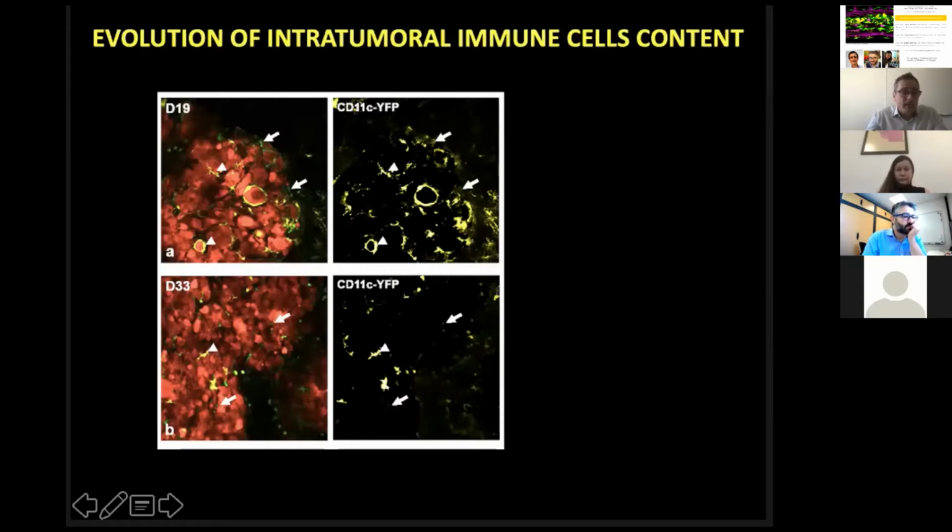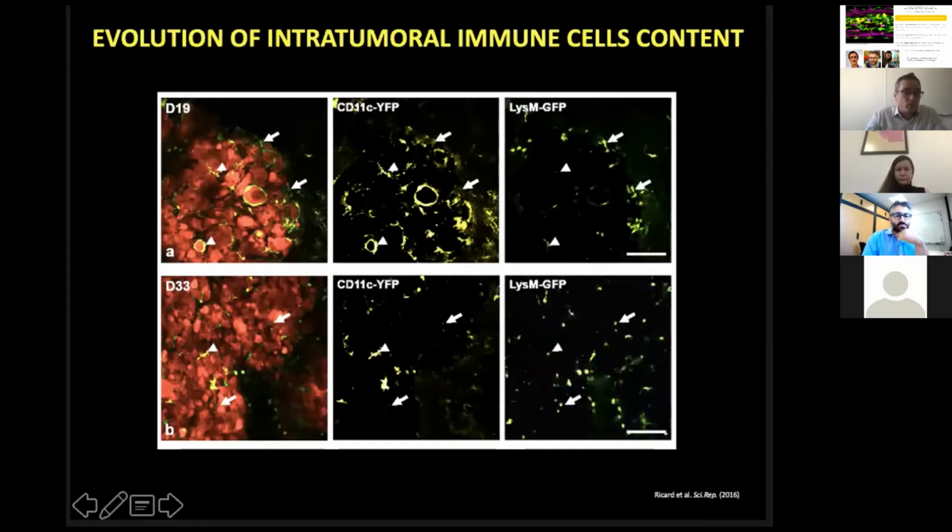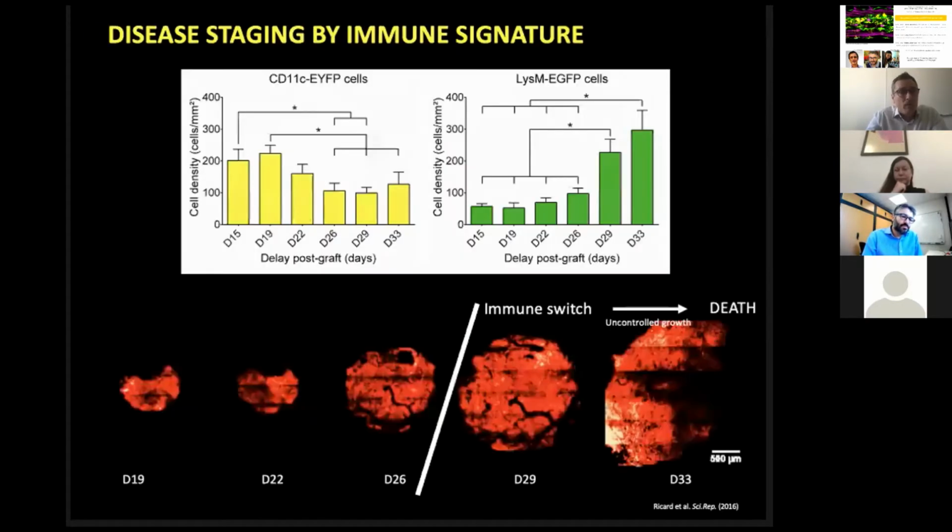And interestingly enough, as we could separate the two channels, we could see that the green cells that were mainly on the periphery at the beginning began to infiltrate inside the tumor at the later stage. This was, of course, observed on several mice and at different time points, so that it was possible to draw some evolution of the density of EYFP cells or GFP cells.